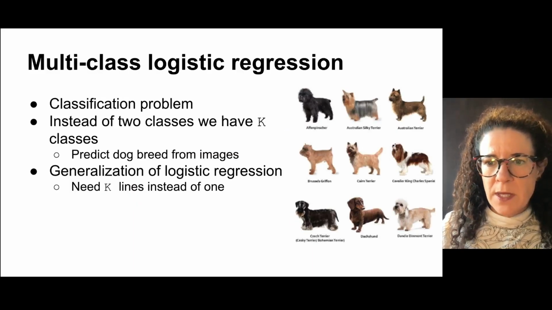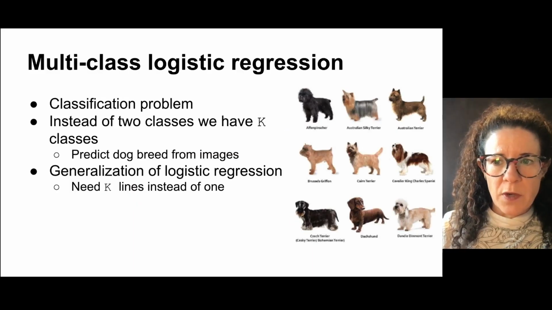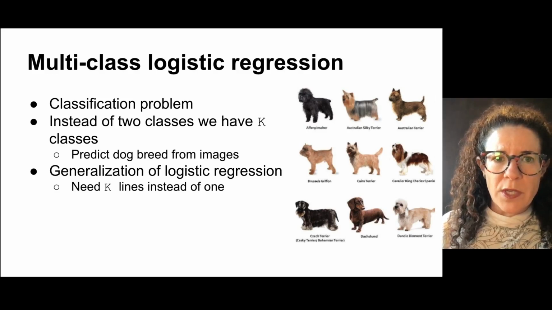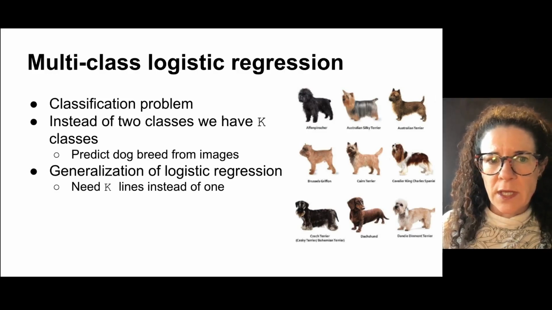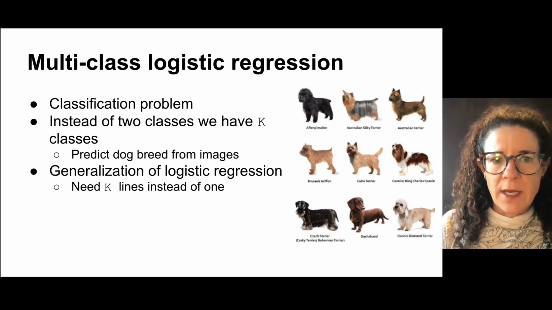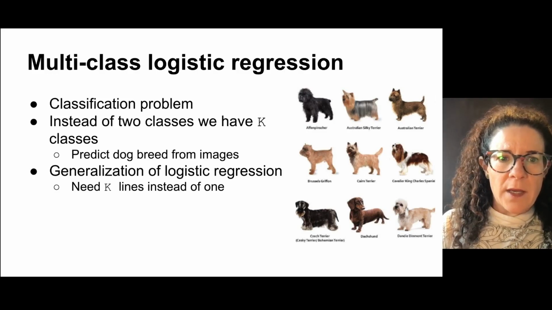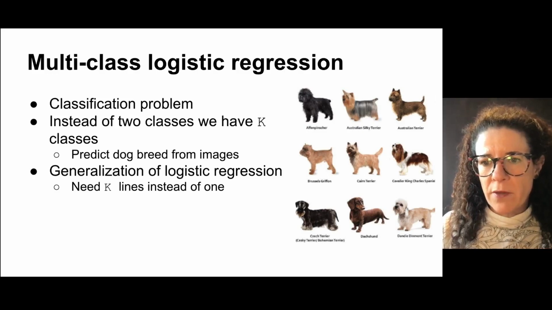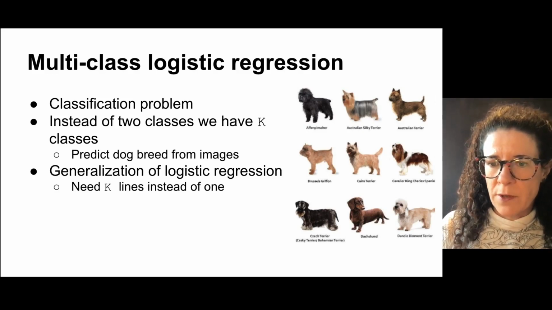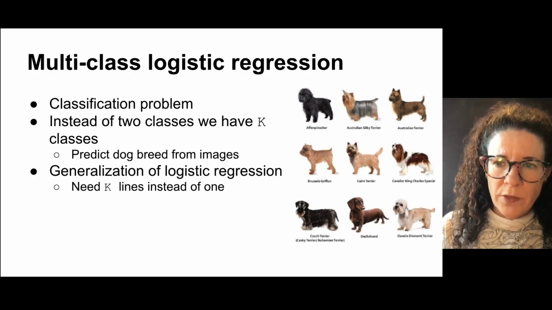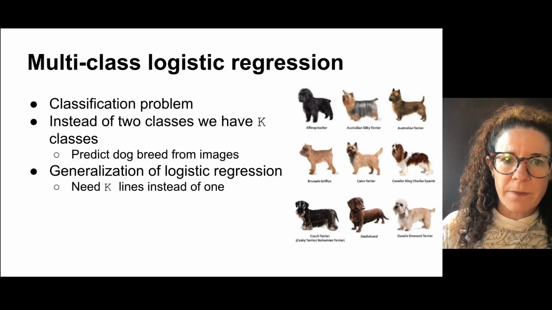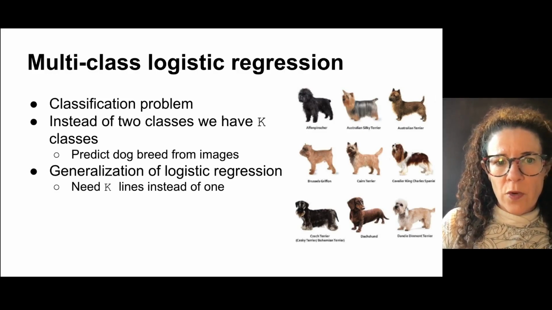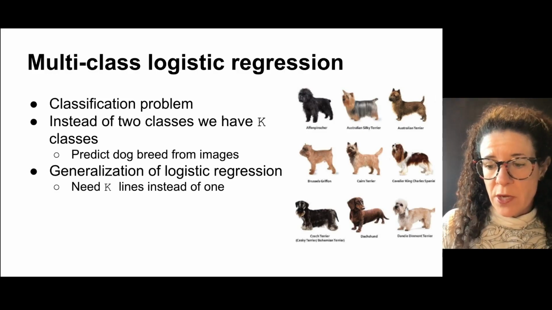There is a similar problem, which you have probably heard of before, which is multi-class logistic regression. In this setting, we have k classes. For example, we could have an image of a dog and want to predict the breed of the dog. But there is just one dog per image, so there is just one class per image. This is a generalization of logistic regression.